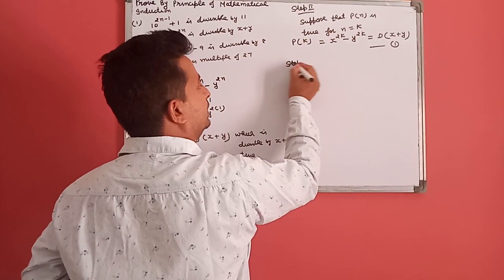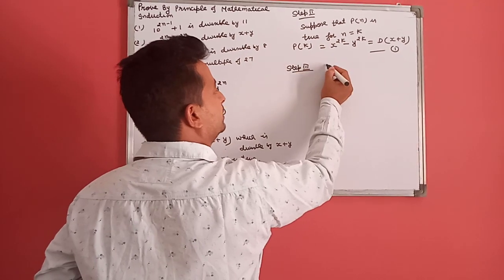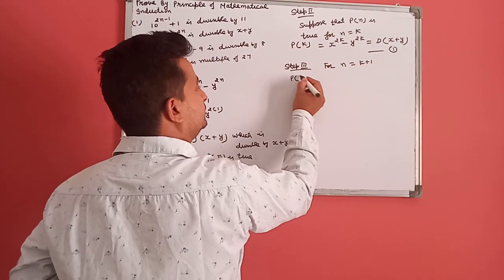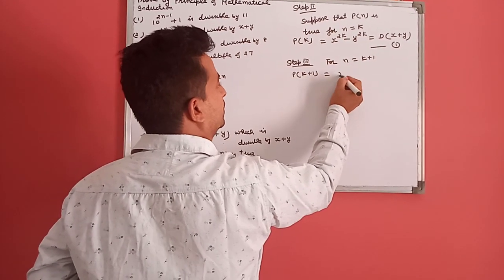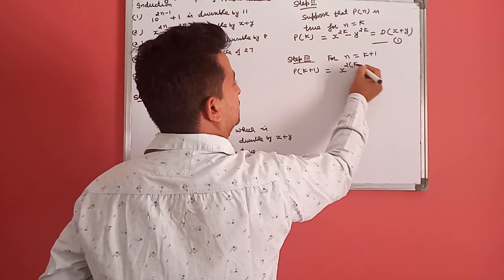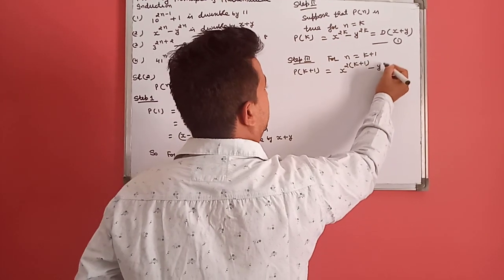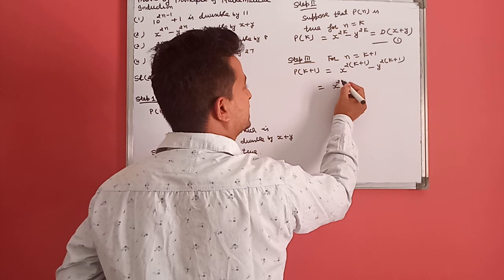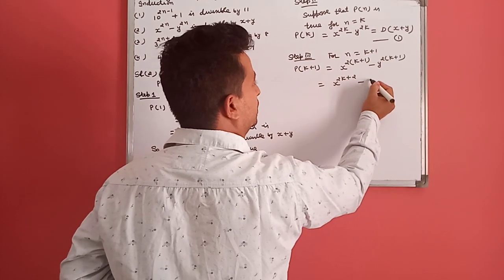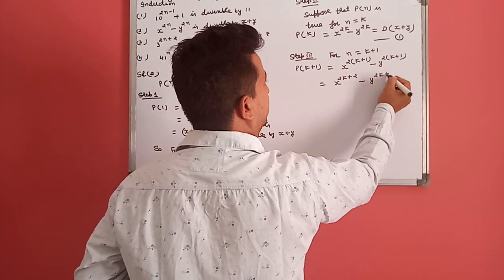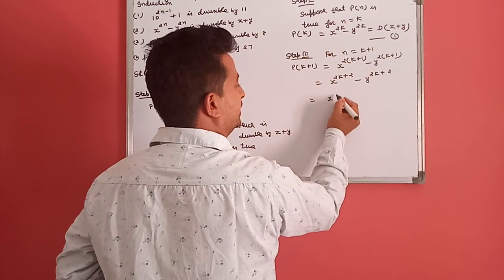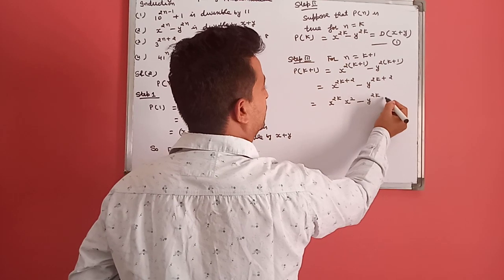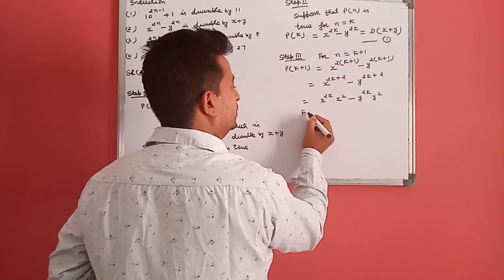In step third, we verify this result. For n equal to k plus 1, that is Pk+1, x^(2(k+1)) minus y^(2(k+1)). This we write as x^(2k+2) minus y^(2k+2). This we write as x^(2k) into x square minus y^(2k) into y square.